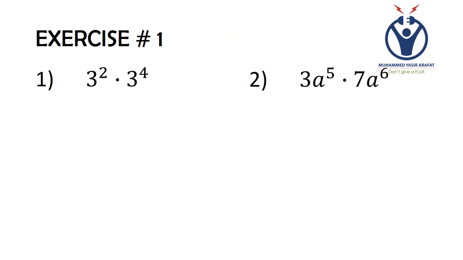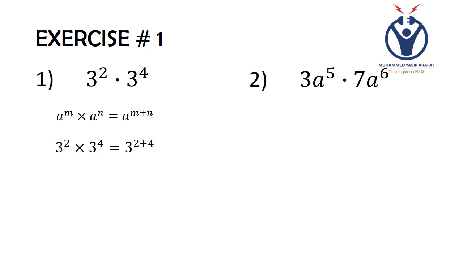Let's discuss exercise 1, questions 1 and 2 as written here. In question 1, you will see 3 power 2 dot 3 power 4. Here the dot represents the sign of multiplication. So you will apply the first law of multiplication.